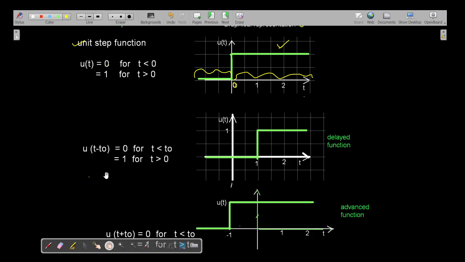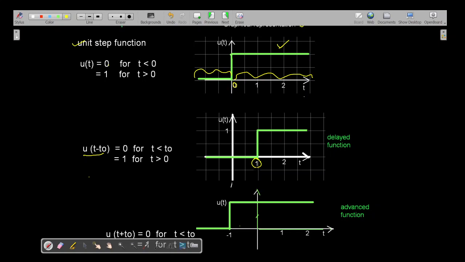Then suppose this t naught value, here we say that it is a particular instant, and this t naught value is 1. In that case, how do we represent this unit step function? It is represented as u of t minus t naught, which is equal to 0 for t less than t naught.